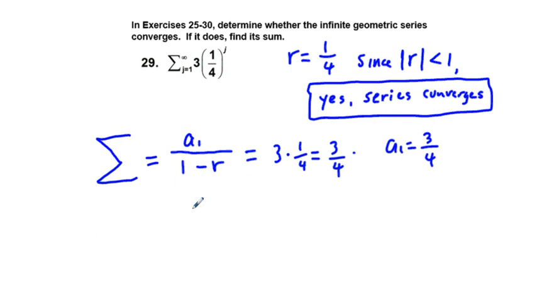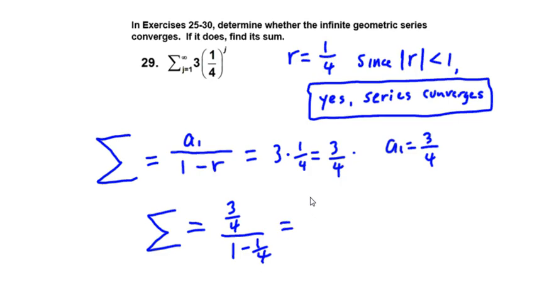Now, to find the sum, we say 3/4, our a sub 1, over 1 minus 1/4.